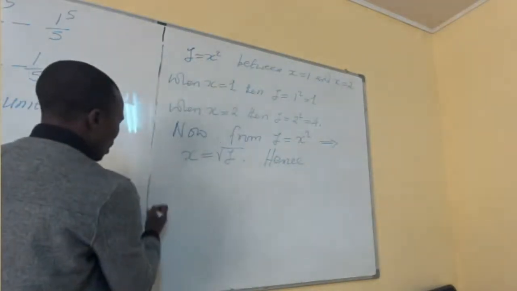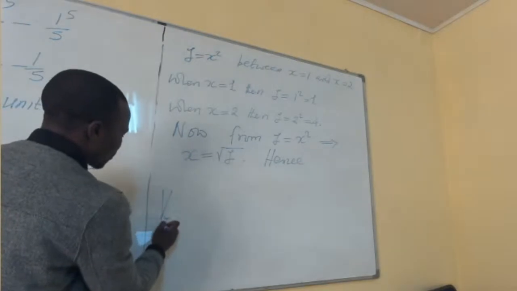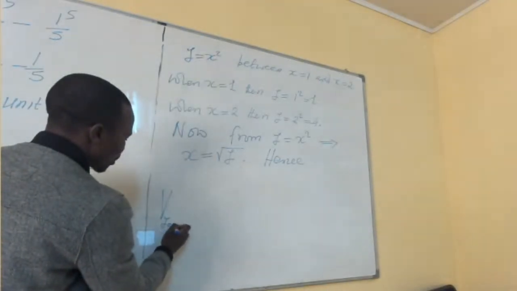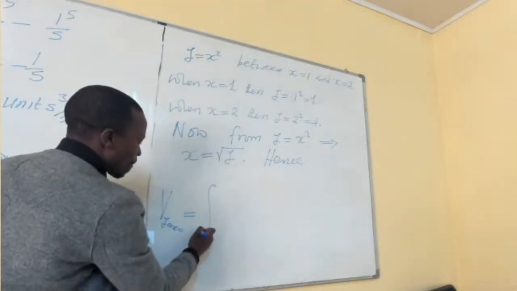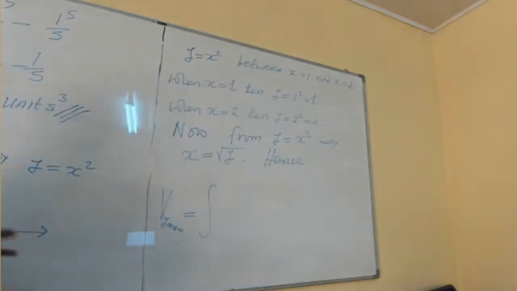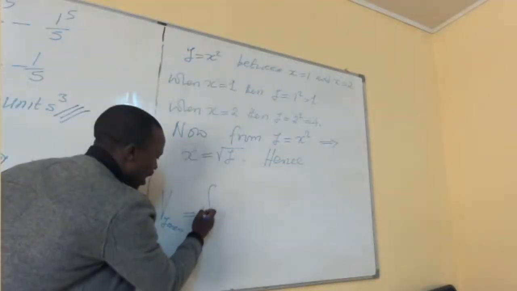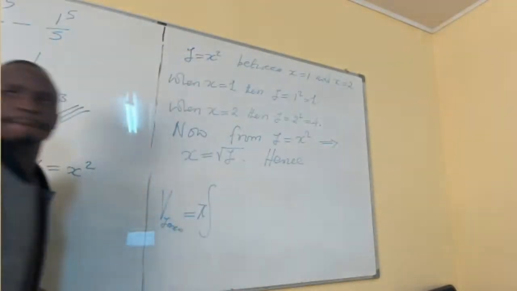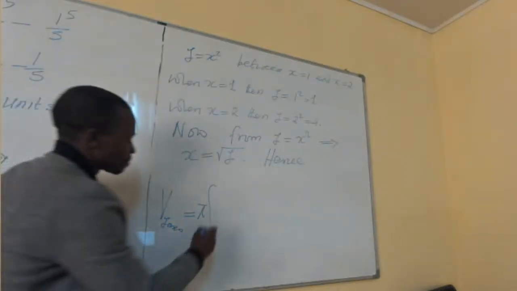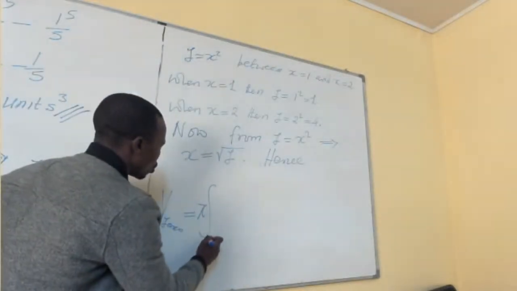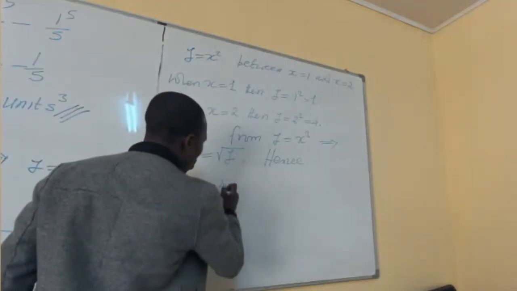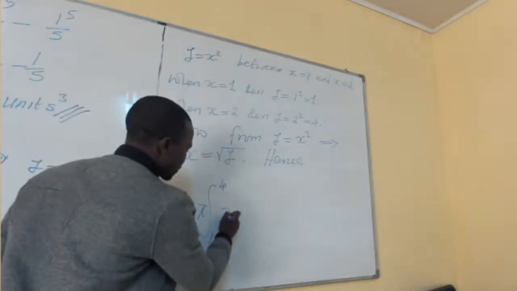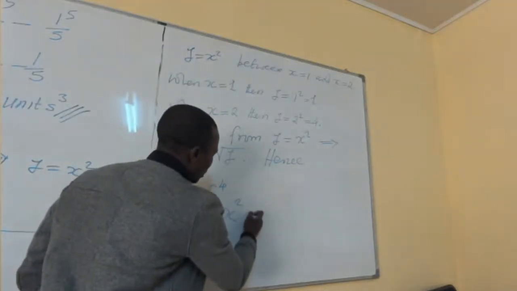Hence, the volume of rotation with respect to the y-axis is equal to pi times the integral, where the limits of integration are from 1 to 4, of x squared dx.